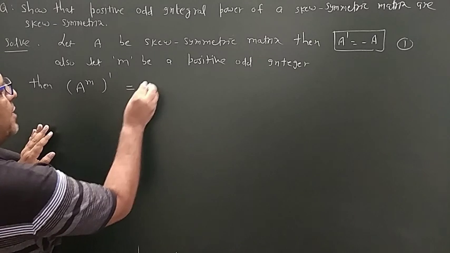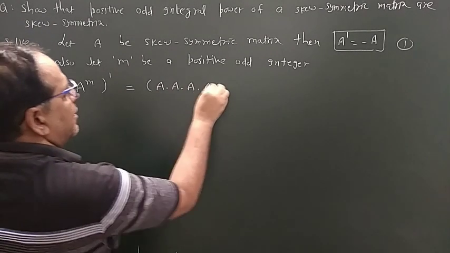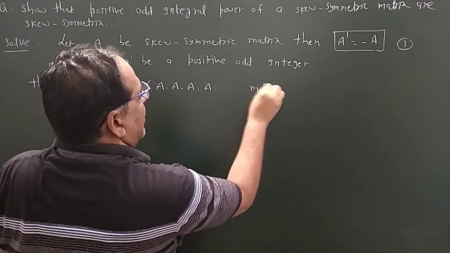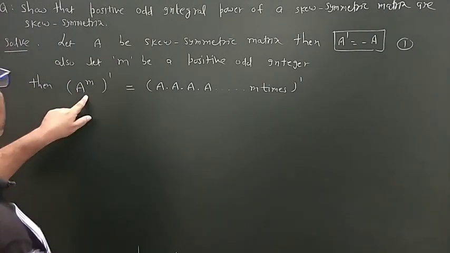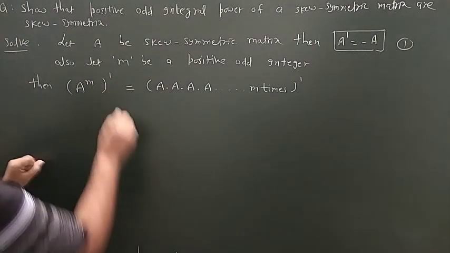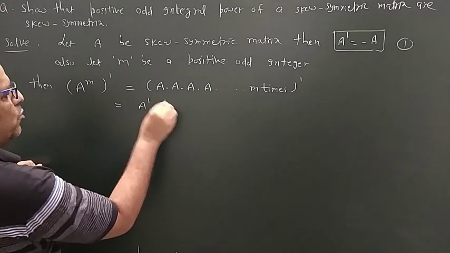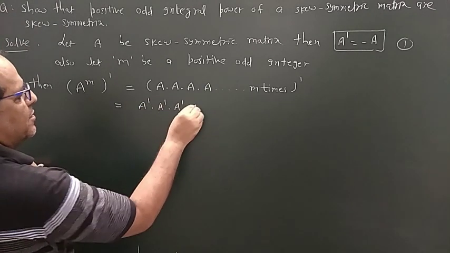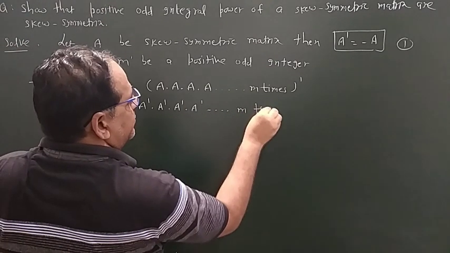This can be expressed as (A into A into A into A, m times) whole dash, because A to the power m can be expressed this type. Now this can be explained as A dash into A dash into A dash up to m times.